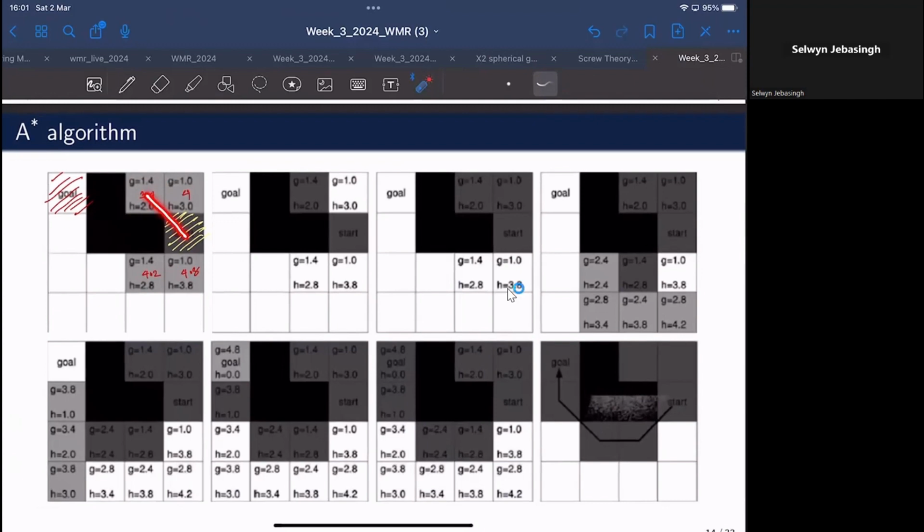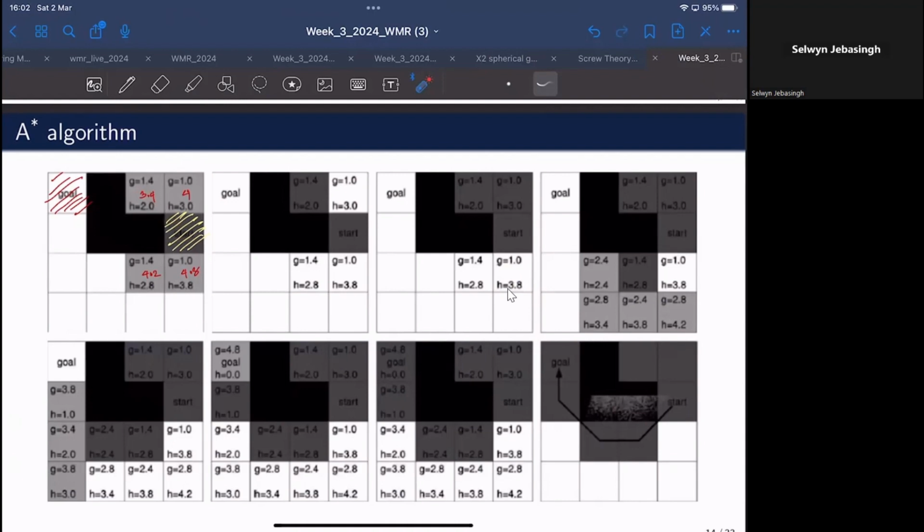Then once it reaches here, how can it go forward? It cannot go any further, right? Because there is an obstacle here. Then what will it do? It will try to reorder all the heaps so that the next node that you would expand would be the node that has the least expected cost.